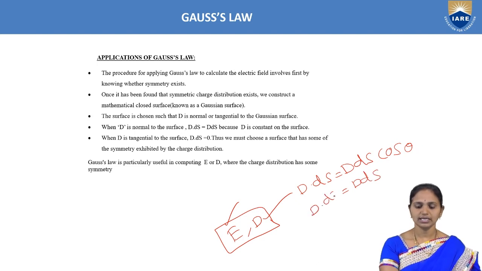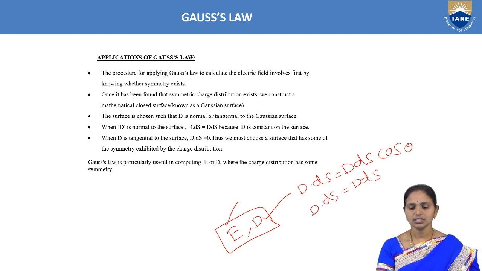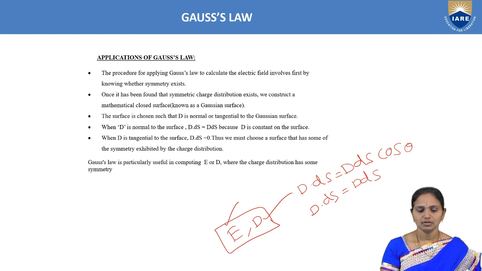So if it is normal, D dot dS will become D into dS. So directly, if D is normal to the surface, we can take the product of electric flux density and surface area. In that way, we can calculate D easily. Similarly, if D is tangential to the surface, D dot dS will become 0. If you know that charge is distributed symmetrically, then we can simply construct a Gaussian surface.